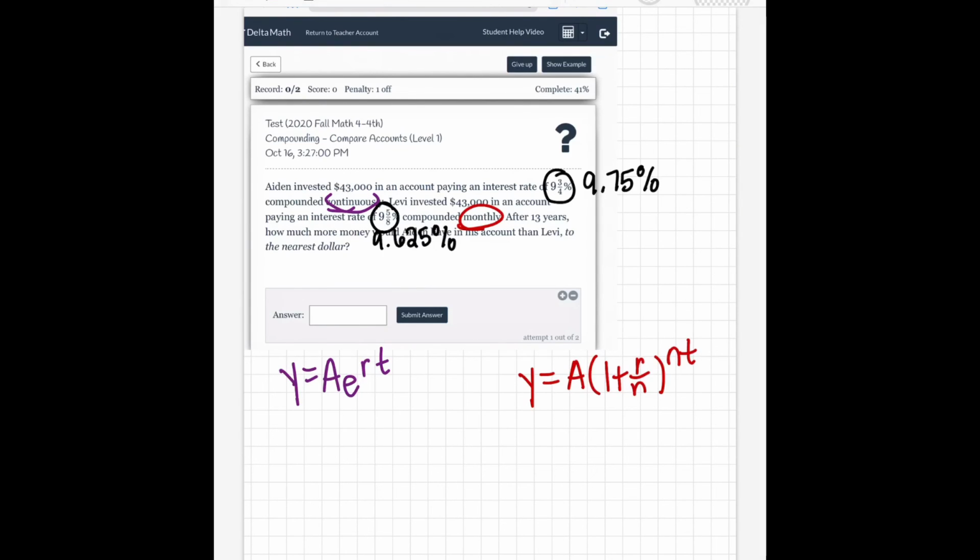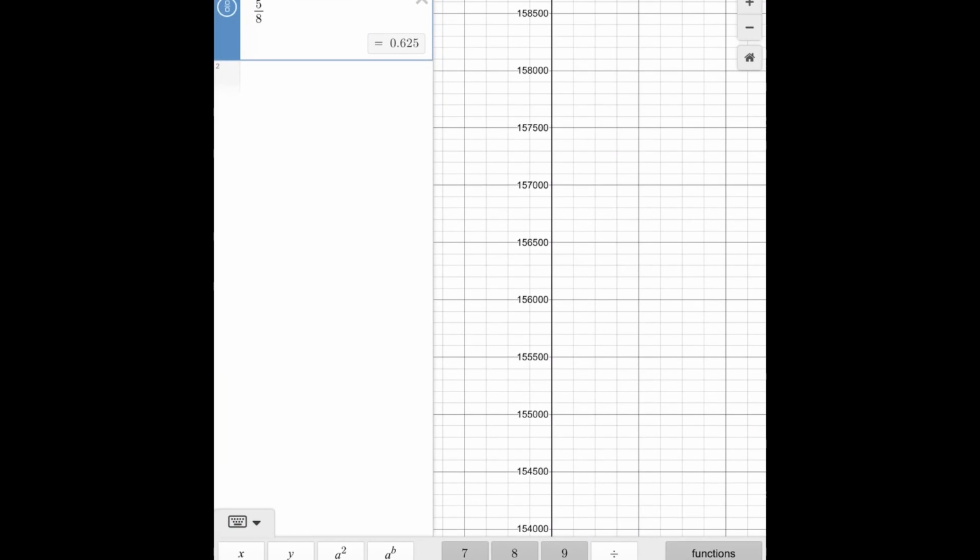So for Aiden, he paid, we have 43,000. So y equals 43,000 times e raised to my rate. So we're going to divide the percent by 100. That's going to give me 0.0975 times 13 years. Okay? So I'm going to plug that right into Desmos.